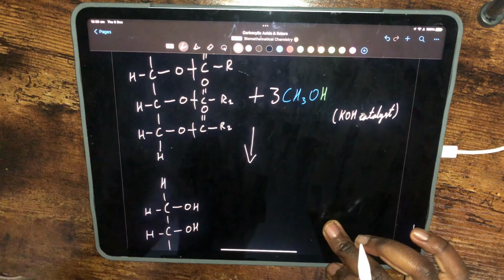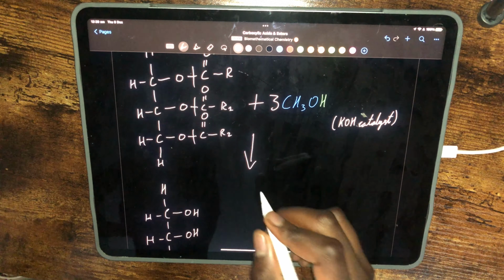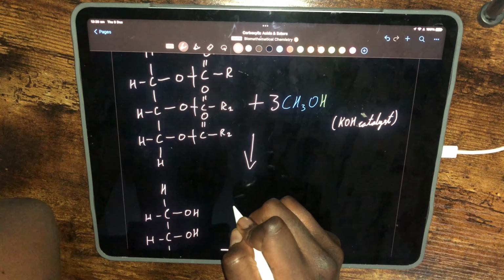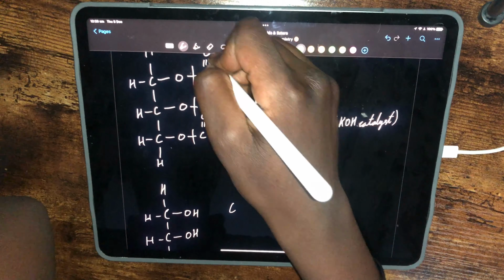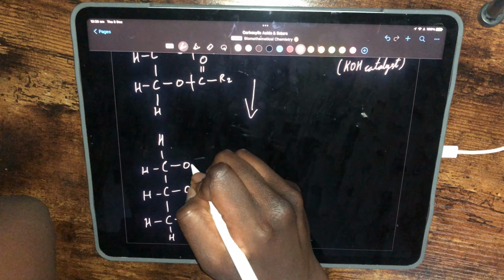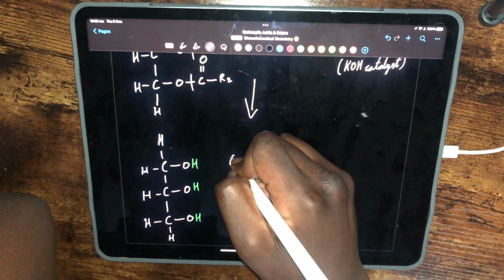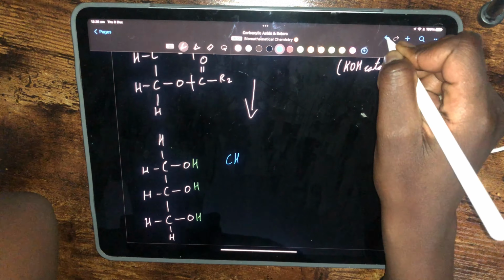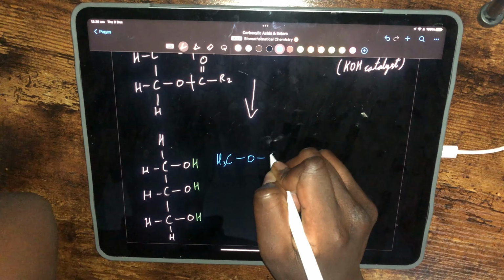The only thing that's different now is that it'd be a methyl ester, right? Methyl ester. So H3C O C.